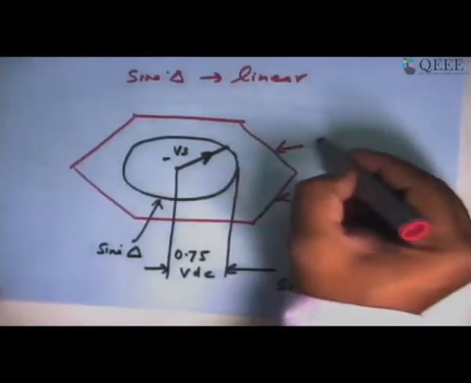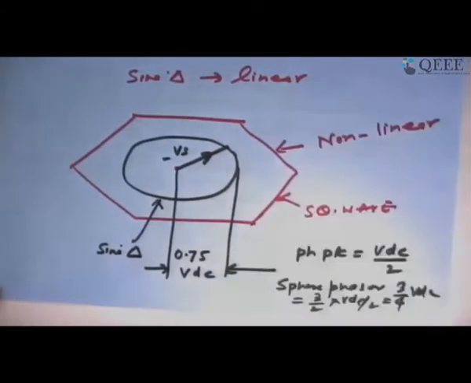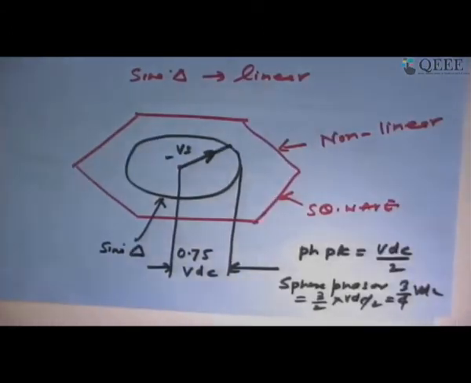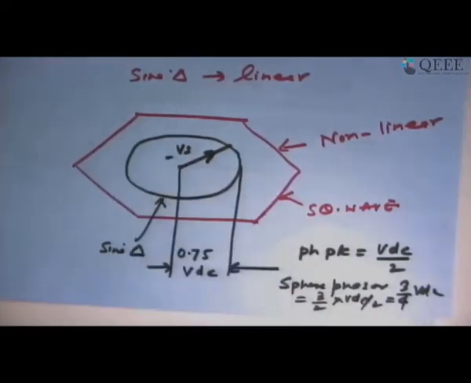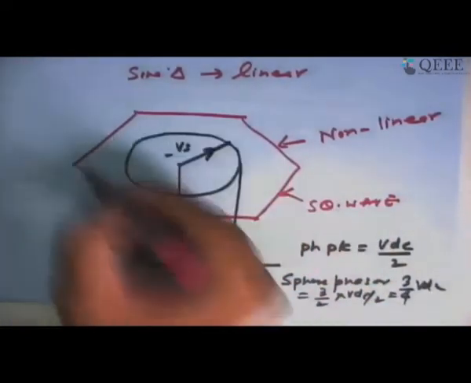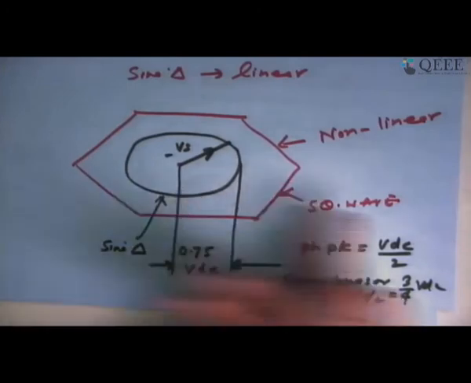So this trajectory is basically non-linear. It is even understood from the waveforms. It has a dominant 6th harmonic. You have 6 notches.